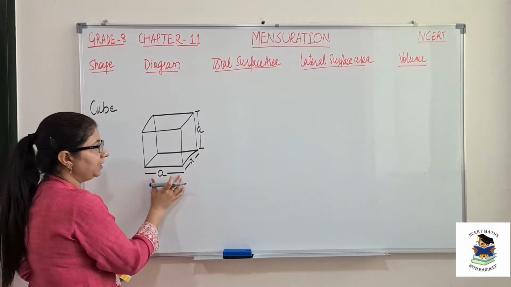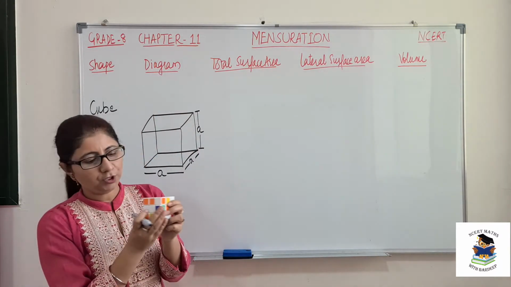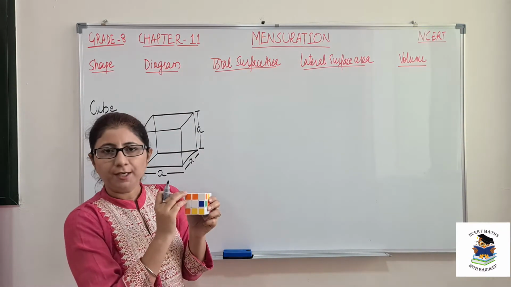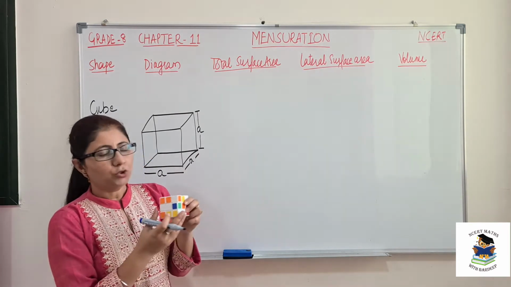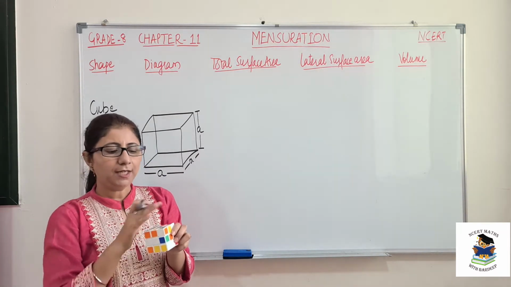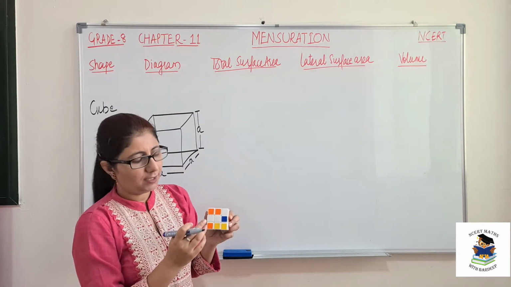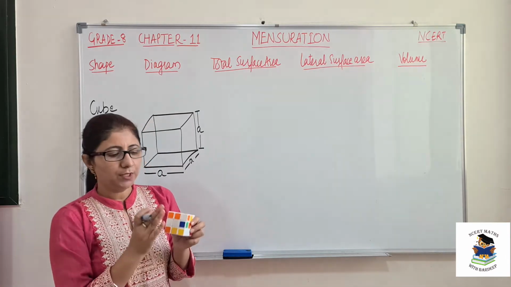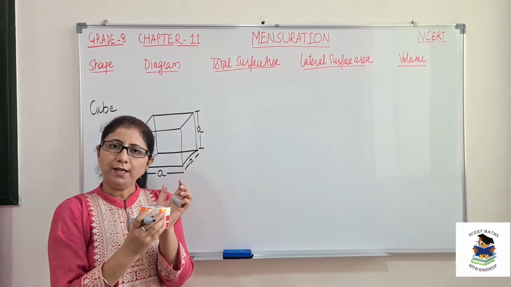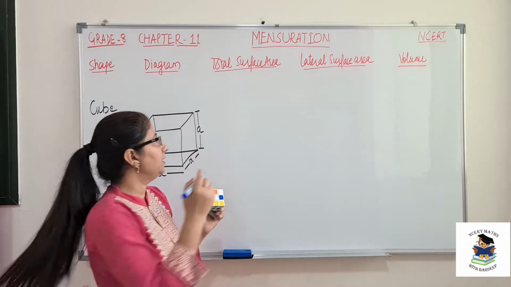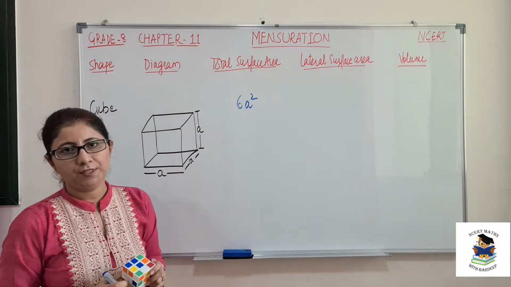So here we have each side taken as A. Length is A, height is A, width is A. Total surface area means the area of all the 6 faces. Each square has area A into A, that is A square. So A square six times, total 6A square. So 6A square is the total surface area.